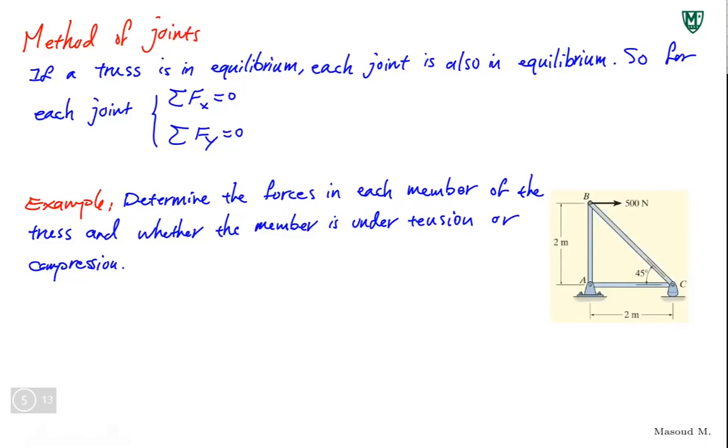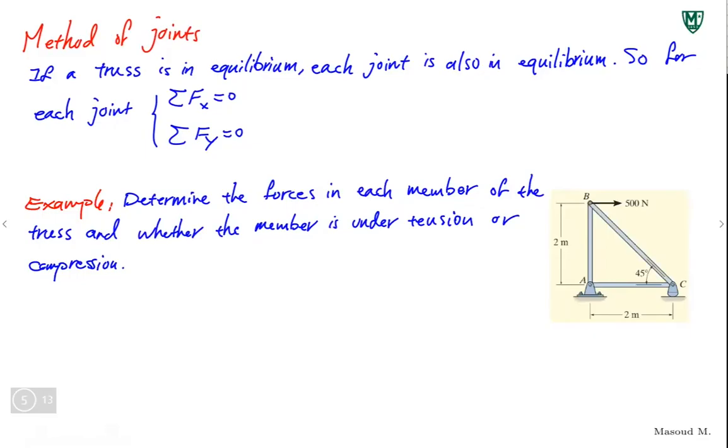But the first question would be where to start. Which joint should I start with? Usually that can make your life easier or a little harder. And the other thing is the direction of the forces. But let's go one by one.